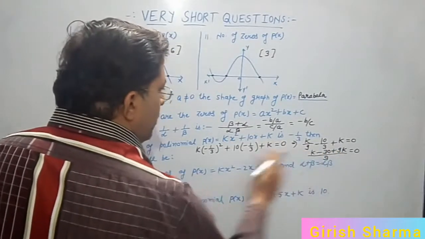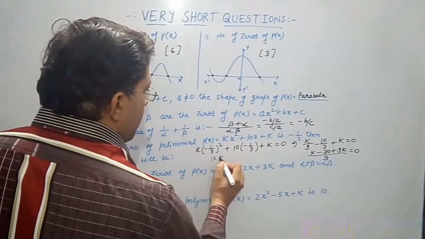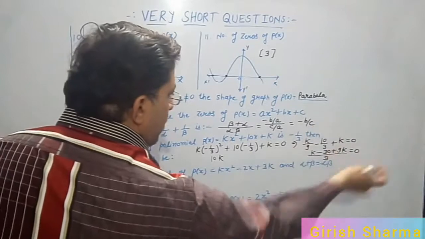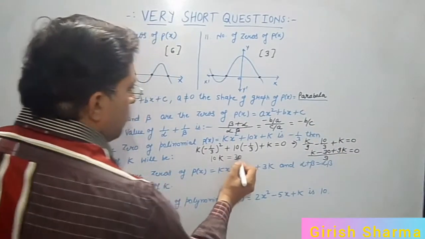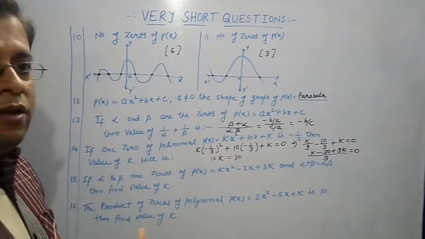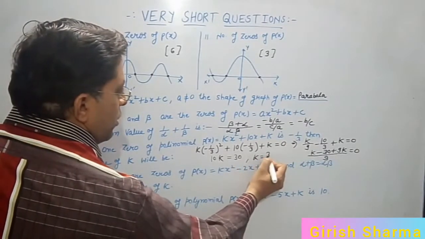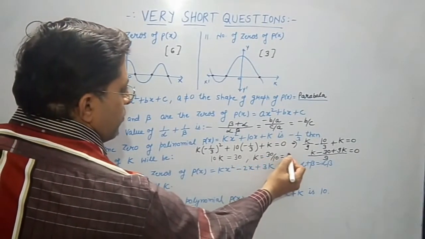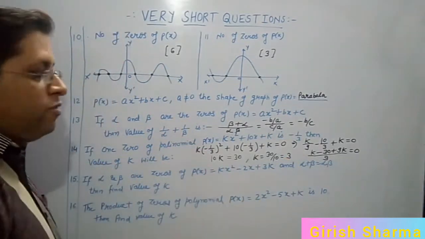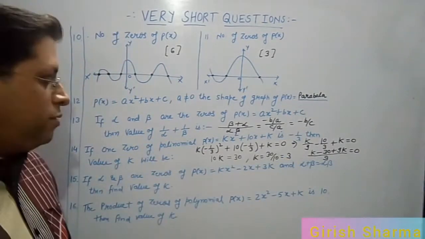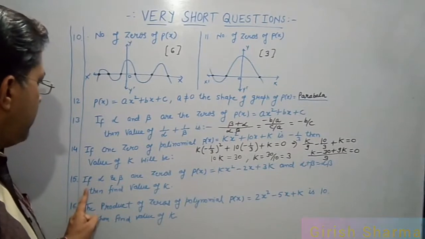Here 9 plus 1, 10k. Send 30 to that side, is equal to 30. Clearly, what will be k? k is equal to 30 upon 10. That is 3. 3 is your answer. Very important one it is. Okay, come on, the next.